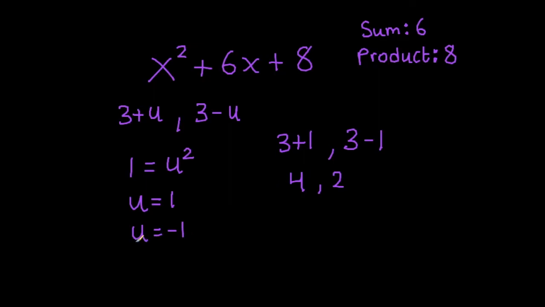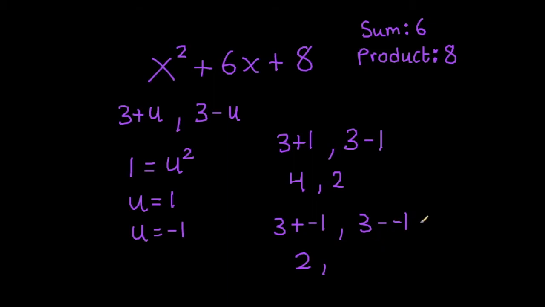Okay, what if we chose u equals -1? Well, we're going to get the same set of numbers. So 3 plus -1. Again, we're just substituting the u that we found to get the numbers that add up to 6 and multiply to 8. All right, and then our second number is 3 minus -1. So 3 plus -1 is the same thing as 3 minus 1, which is just 2.